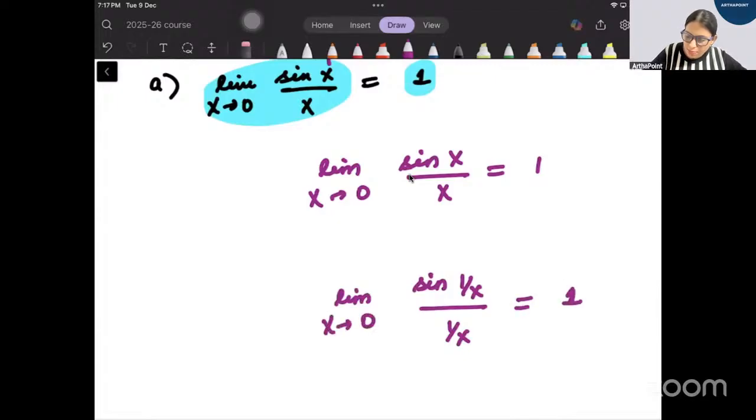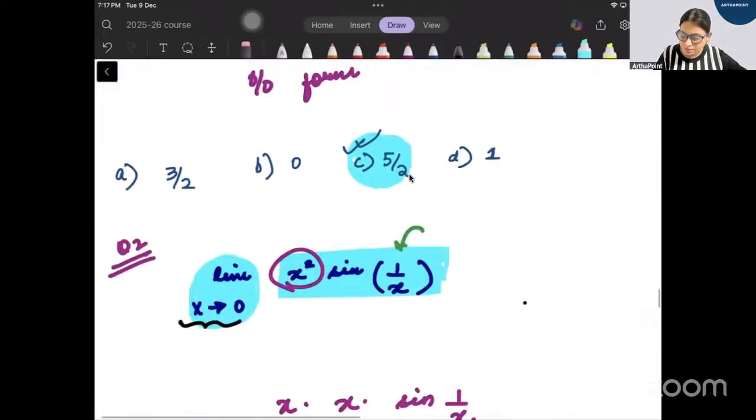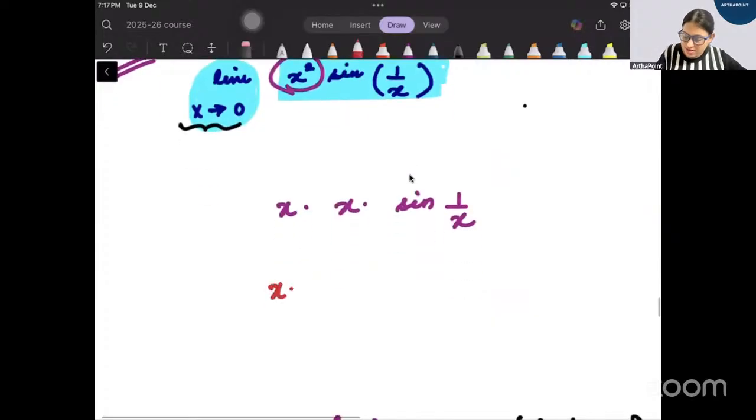Meaning, the point is that whatever angle comes here should come here. Whatever angle comes here should come here, right? So you could have very well used that property also. So you could have done this as x sine 1 by x by 1 by x.